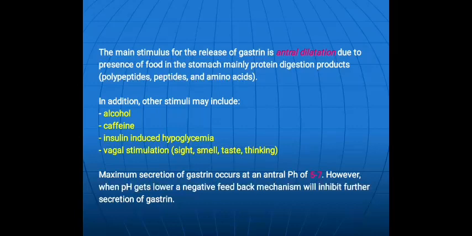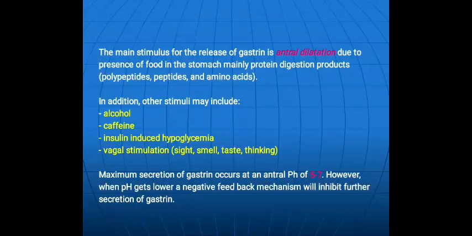The main stimulus for the release of gastrin is antral dilatation, due to the presence of food in the stomach, mainly protein, digestion product, polypeptides, peptides, and amino acid.